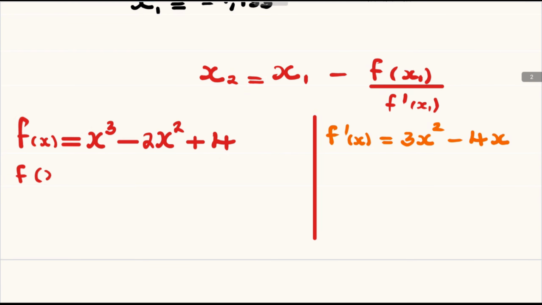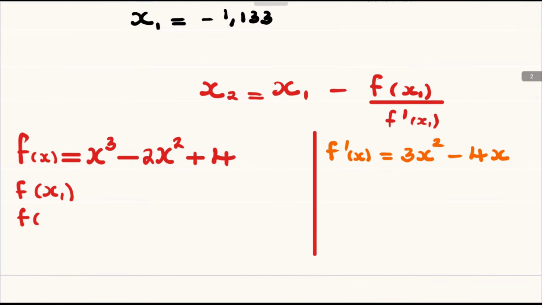So f of x1, we are determining f of x1, and our x1 is equal to negative 1.133, but I'm just going to substitute negative 1.13. You guys will substitute the whole negative 1.133.